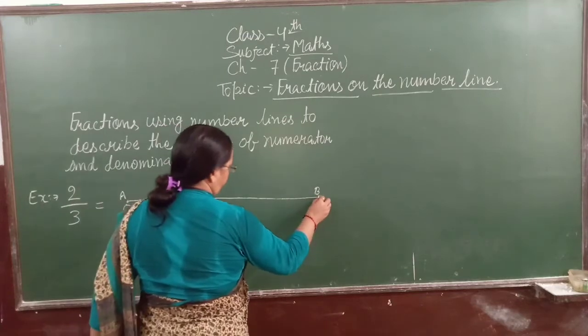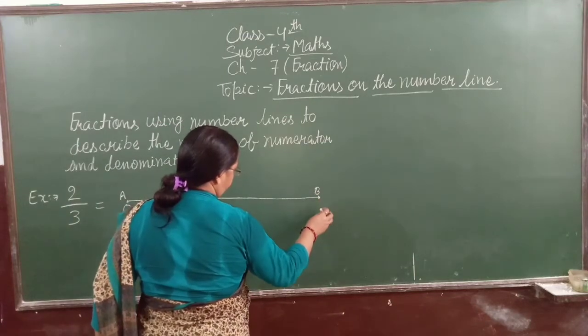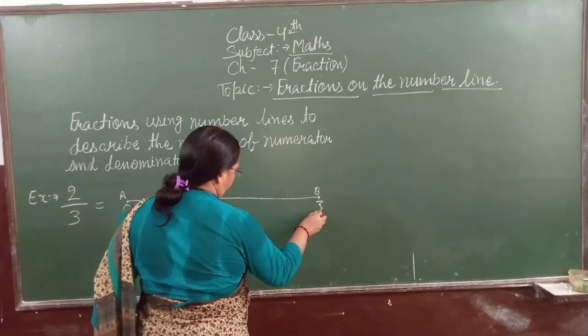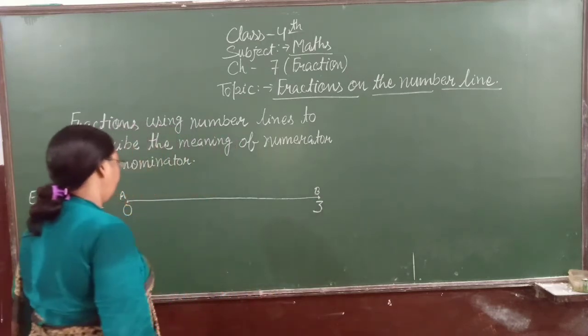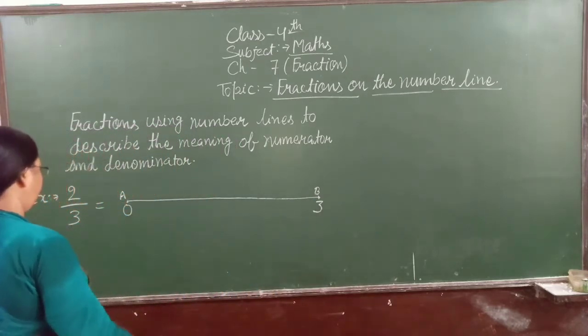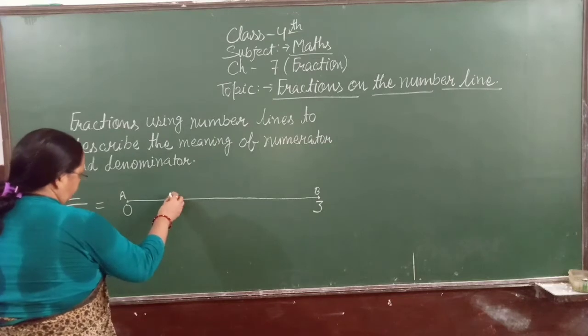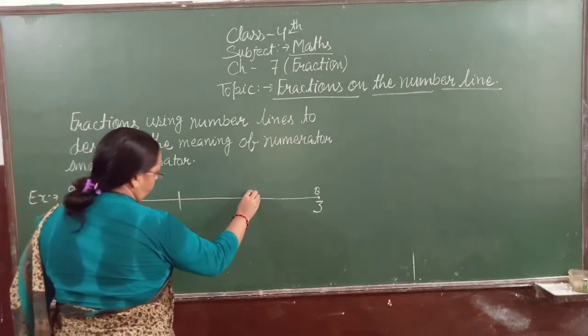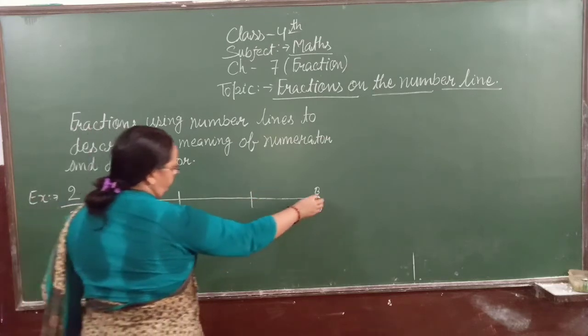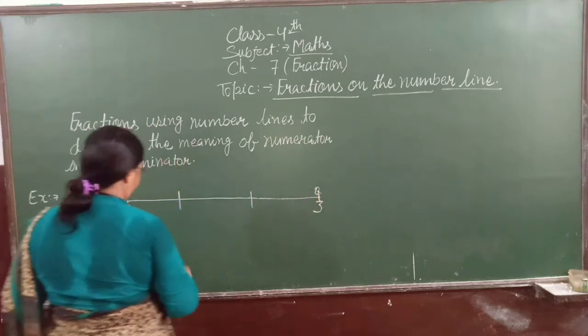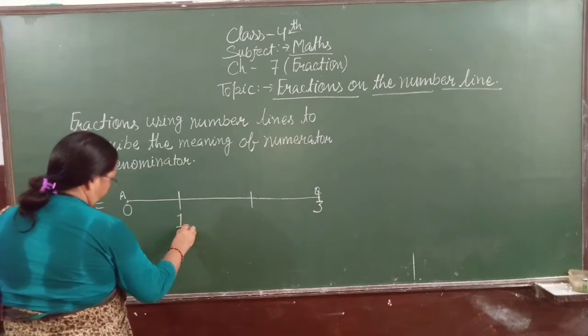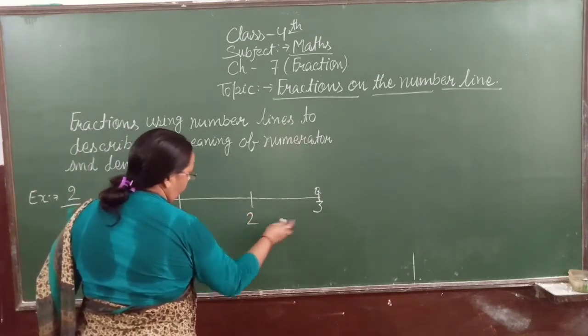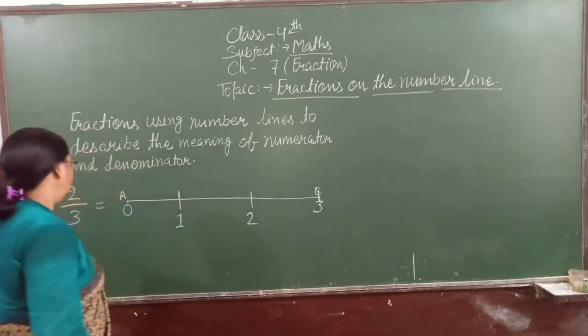So point it at 3 at the end point and divide it into 3 equal parts. 1, 2, that is 3. This is 1, 2 and 3.